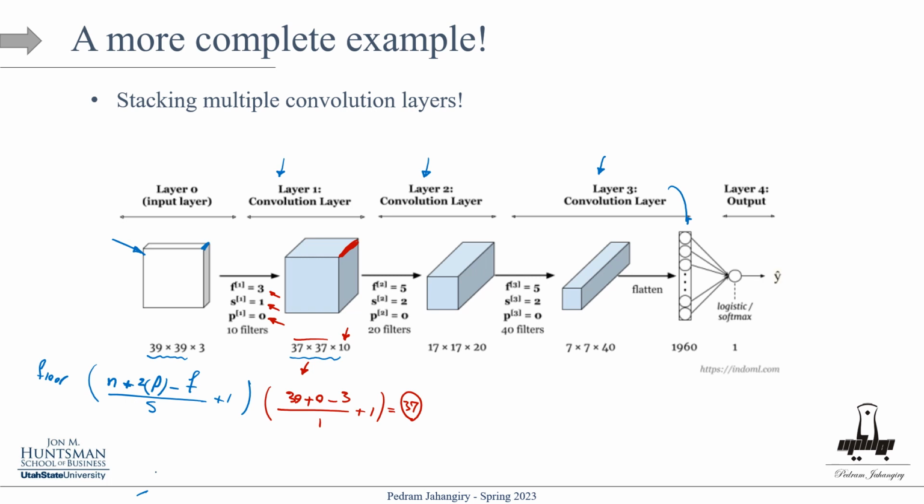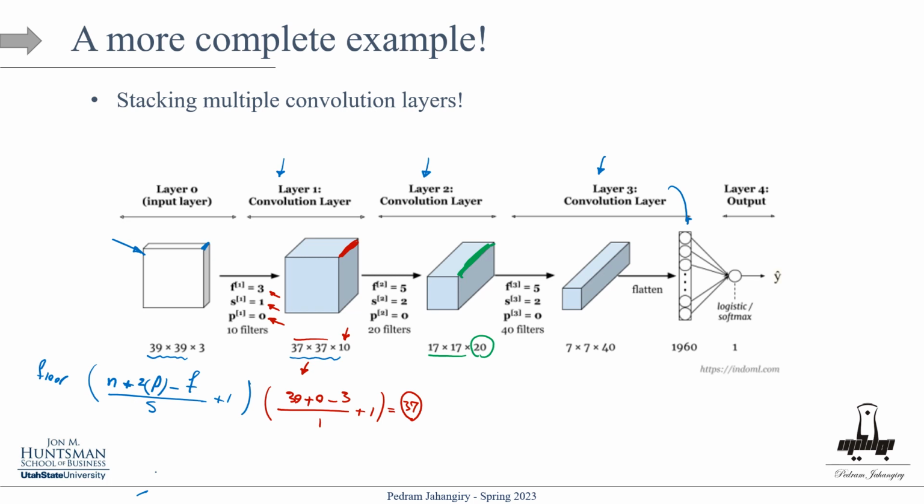Okay, let's look at another example, make sure that you're following. So here, let's look at layer number 2. Where is this coming from? So here, basically, this is the easy number. We are having 20 filters. Usually in a CNN, we start with fewer filters, and then we increase the number of filters, and then we decrease it back, right?